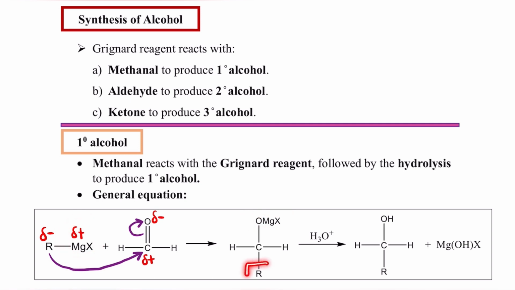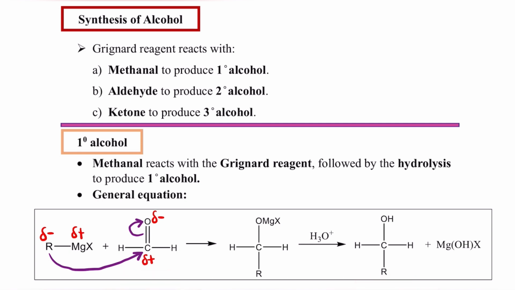R dekat sini dia akan attach kepada this carbon from this reaction. And then after that, awak go with hydrolysis, awak akan detach OMgX ni menjadi OH. So inilah macam mana synthesis of primary alcohol yang awak dapat based on Grignard reagent with methanol.